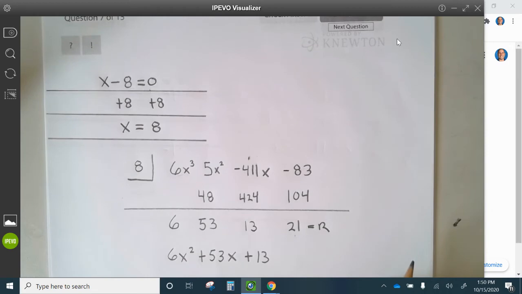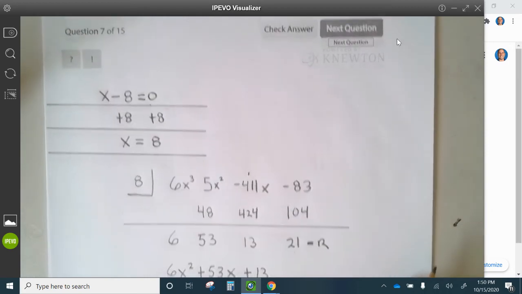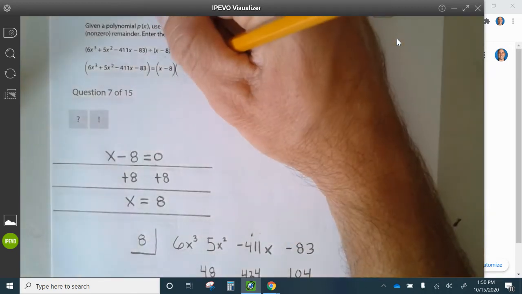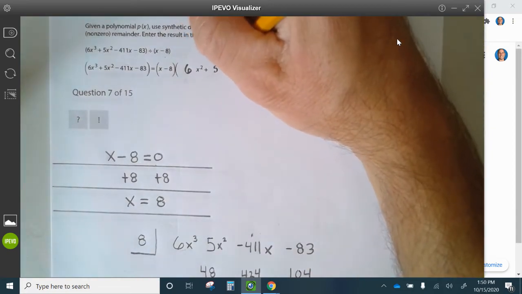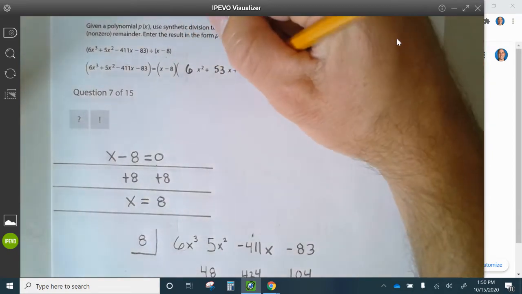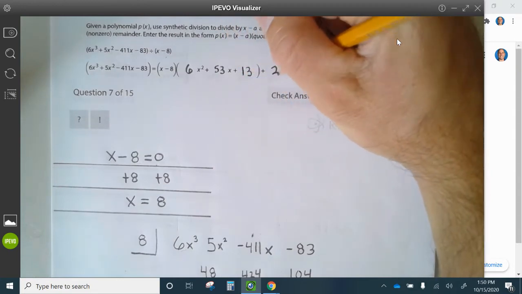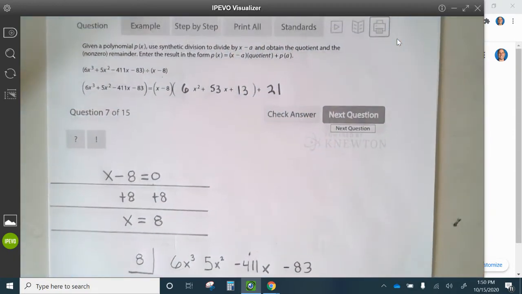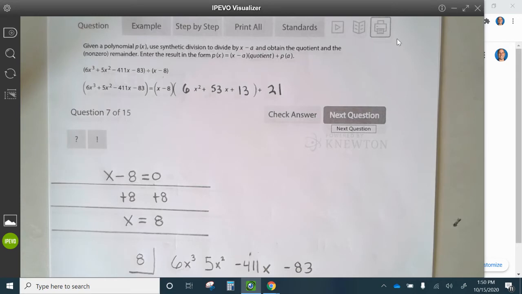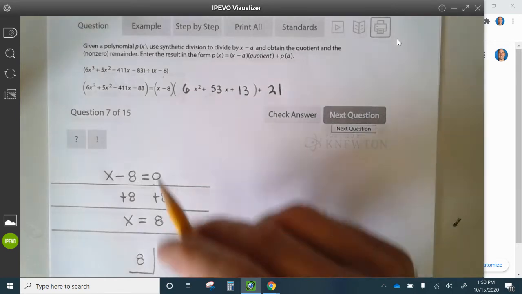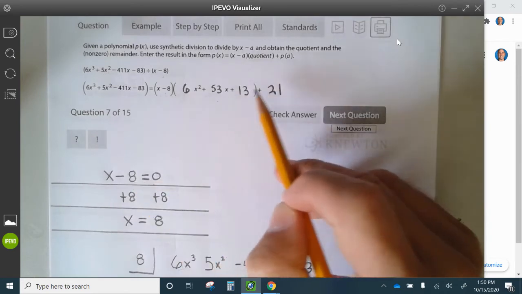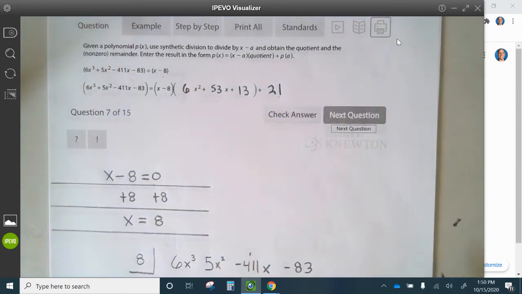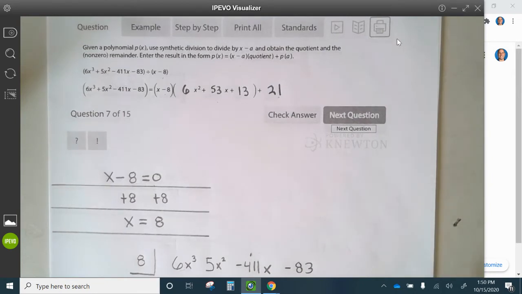Okay, so we can fill that in here. So that's 6x squared plus 53x plus 13 plus the remainder of 21, which makes sense because the x minus 8 is here, that's the x minus a. This is your quotient, and then p of a, which we learned in a couple problems, is the remainder, which is 21. Okay?